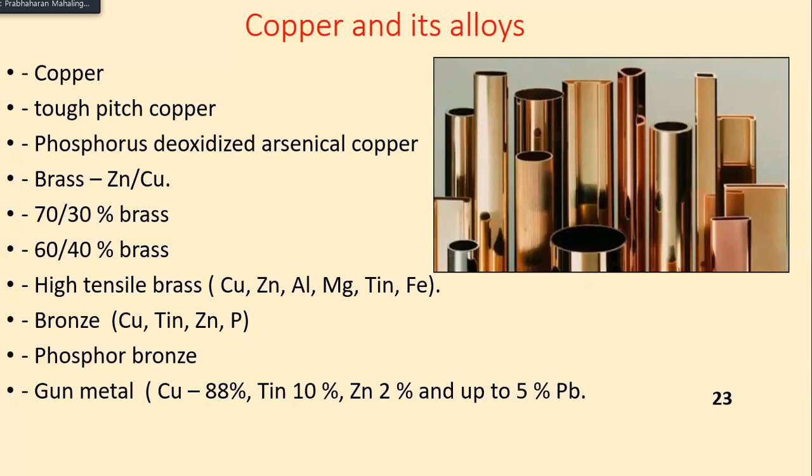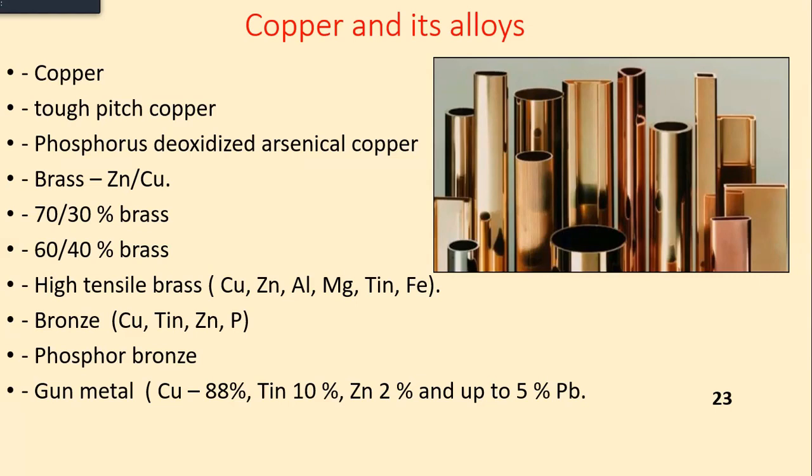Copper and its alloys. Copper is one of the famous metals we utilize for making wire. Aluminium we also utilize for utensils. Then copper types: tough pitch copper, phosphorus deoxidized arsenical copper, and brass, a zinc and copper mixed alloy.